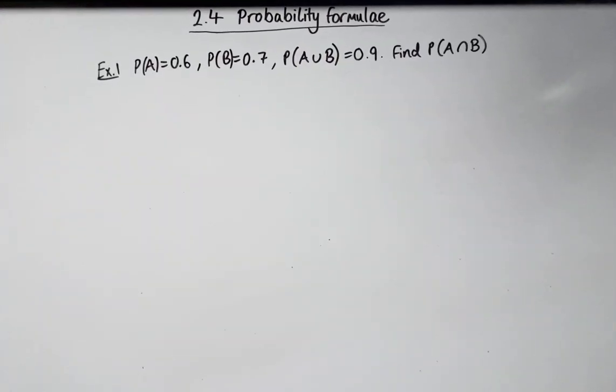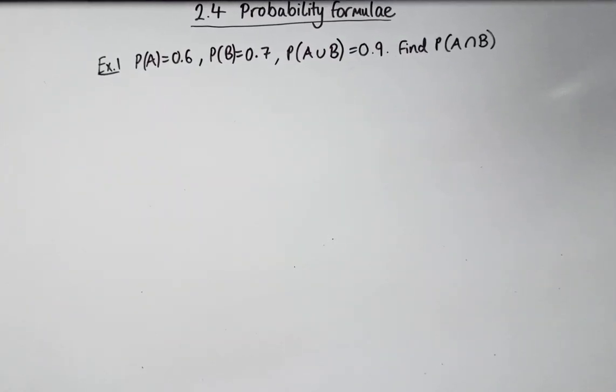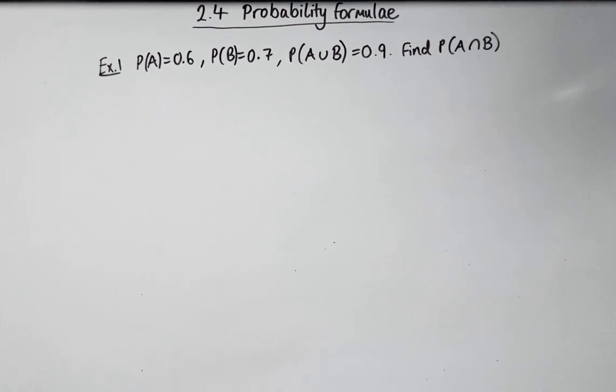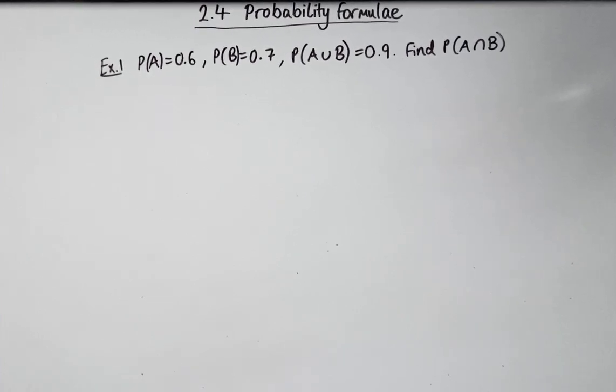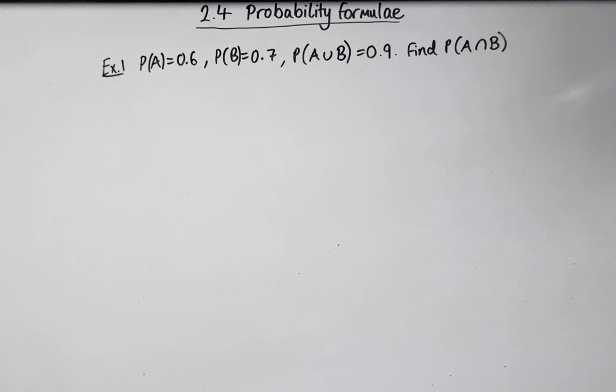Let's do an example. For two events A and B, the probability of A is equal to 0.6, the probability of B is 0.7, and the probability of A or B is equal to 0.9.